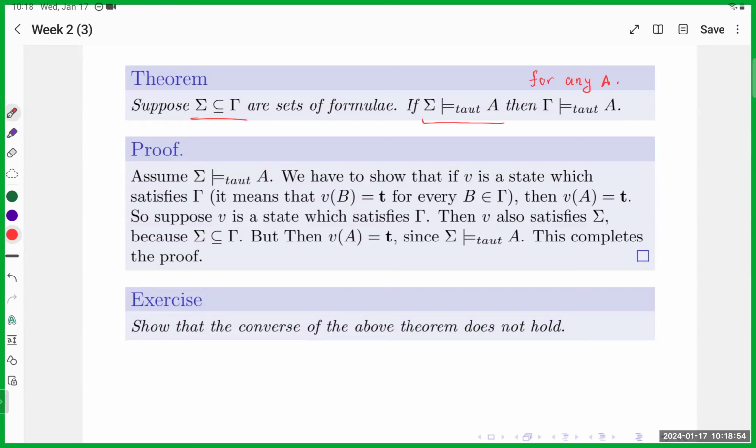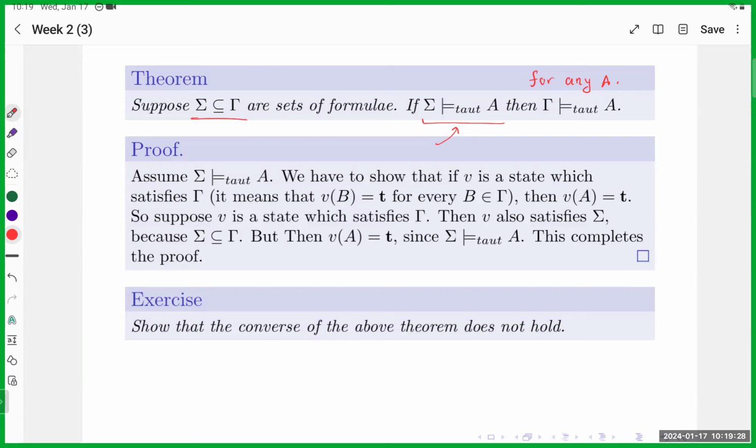All the formulas in sigma are included in the formulas in gamma. So obviously V is giving true to all the formulas in sigma. So V satisfies sigma, which by our assumption means V of A is true, since sigma tautologically implies A. We are done.